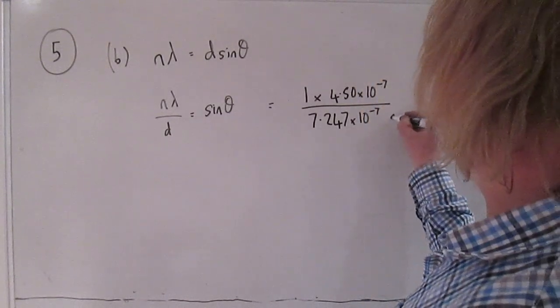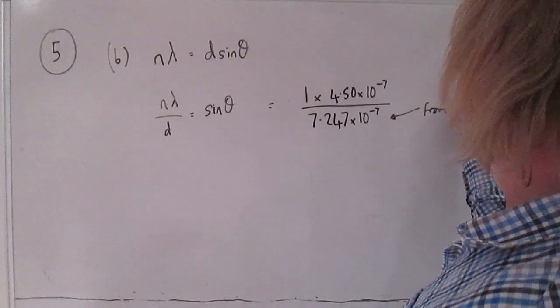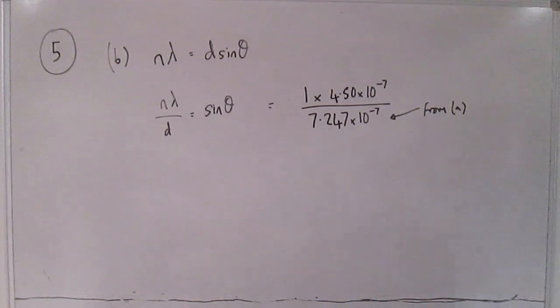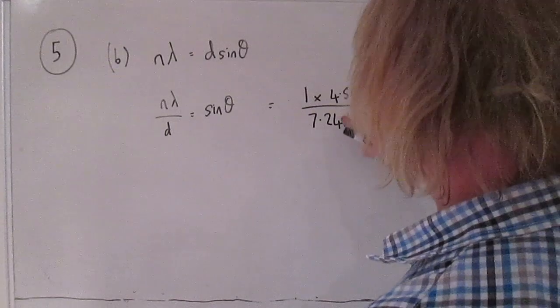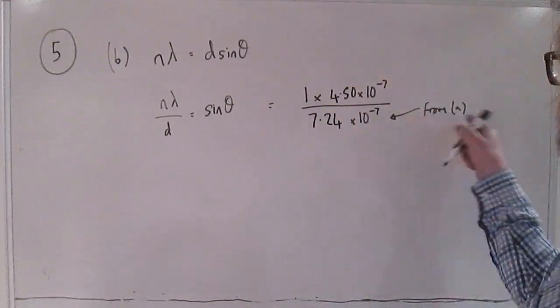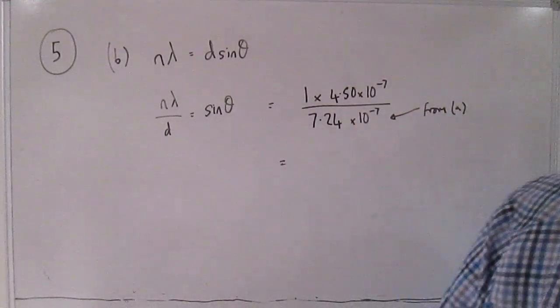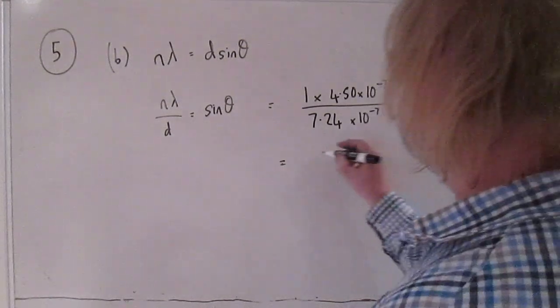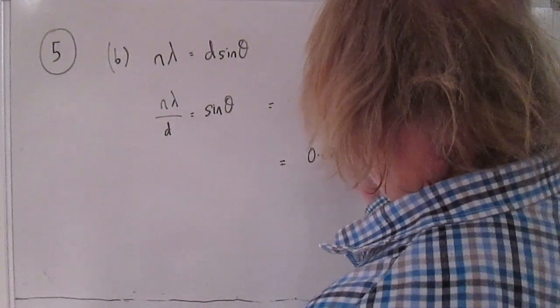Okay, so that's from part A that we get that number. And so, sorry, 7.24 times 10 to the minus 7. So we just crunch those numbers, and that comes to 0.6215.